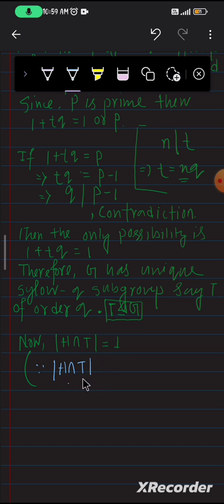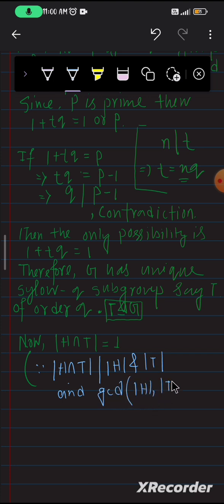So the order of this divides the order of H and the order of T. And we just proved that GCD of order of H, order of T equals 1. So H intersection T divides the order of H and the order of T, and the GCD is 1. Then the order of this is 1.